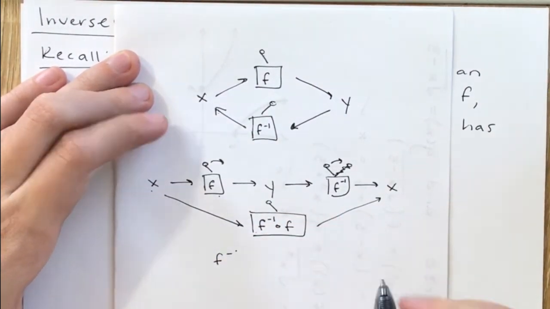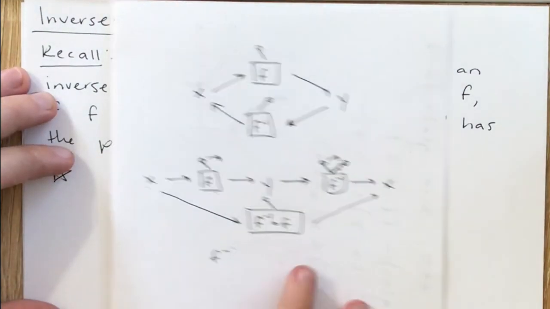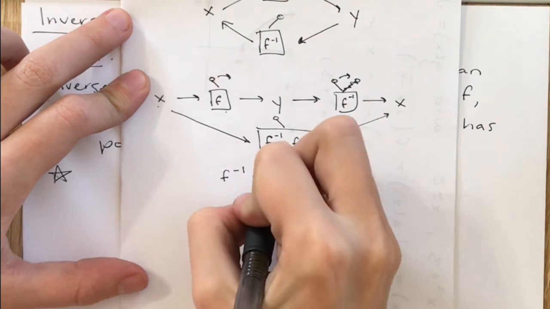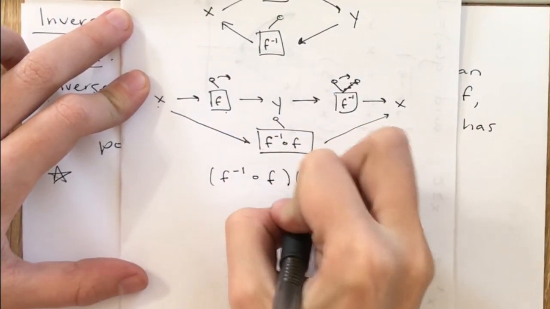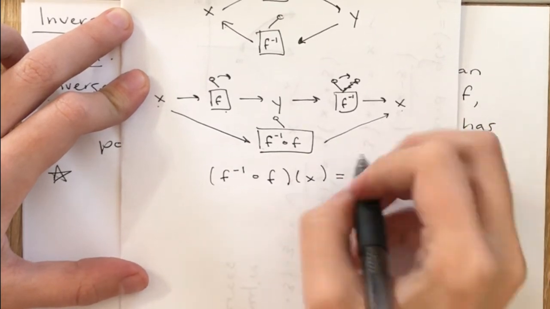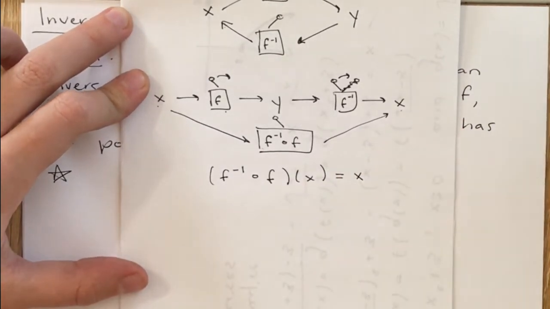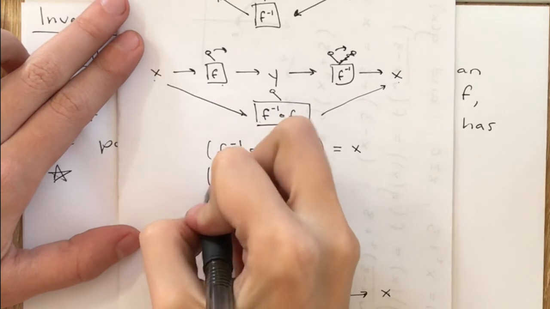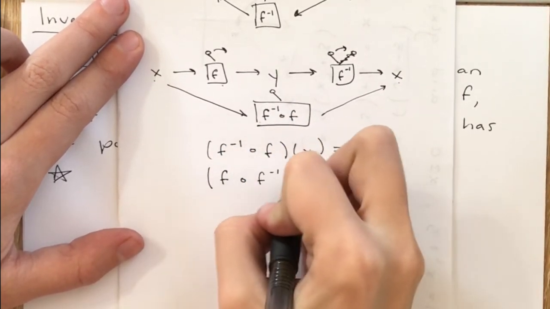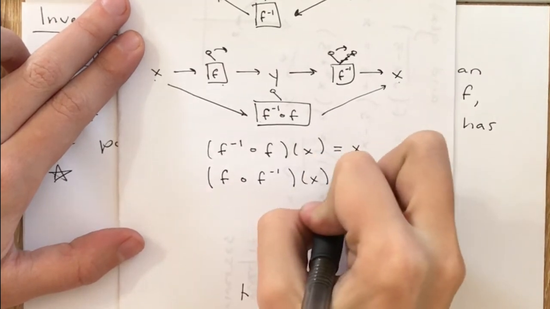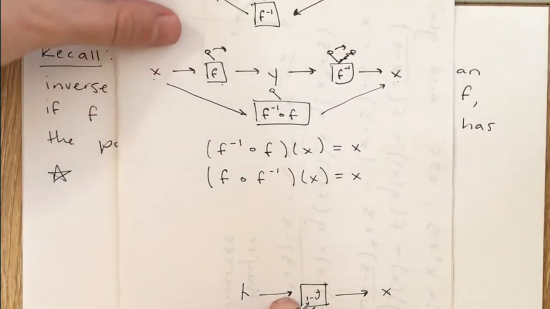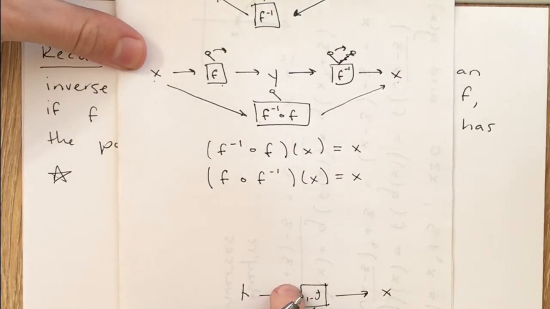So f inverse of f of x, we're putting x in, and we get x out. Similarly, if I do the same thing backwards, if I take f of f inverse of x, I get x out as well. So this is a property for inverses that we're going to use.